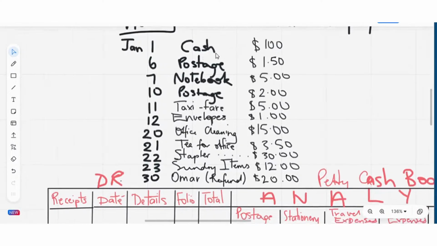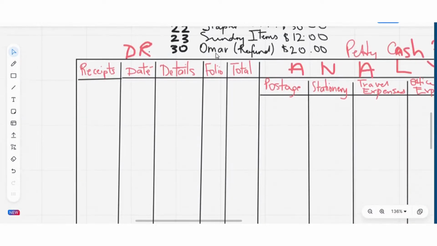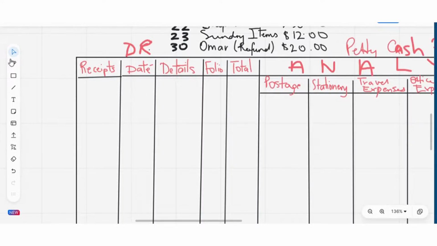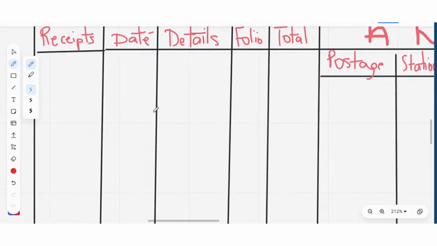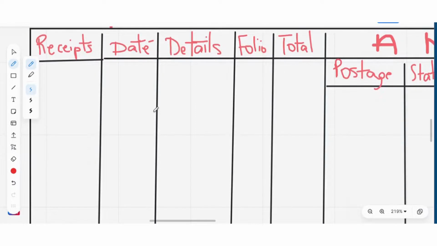Now you would go to the top here, in the date column you put the January 1st.